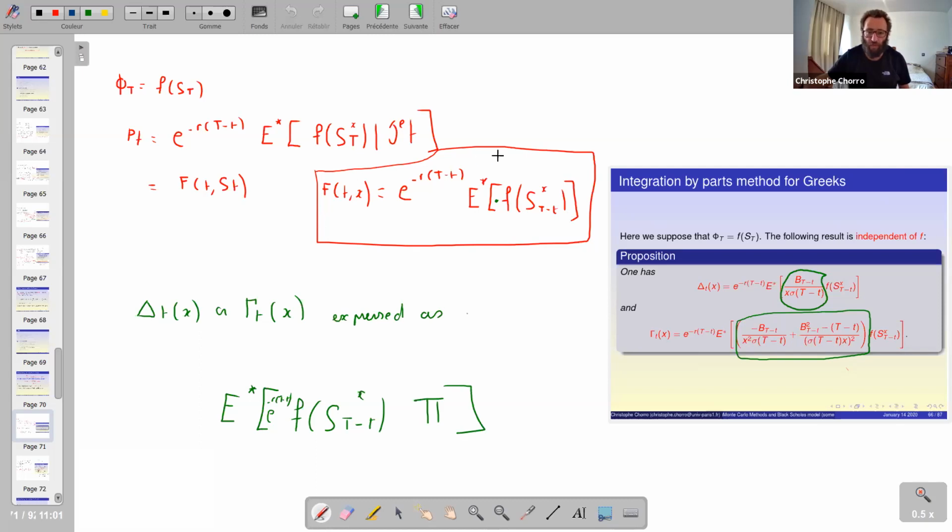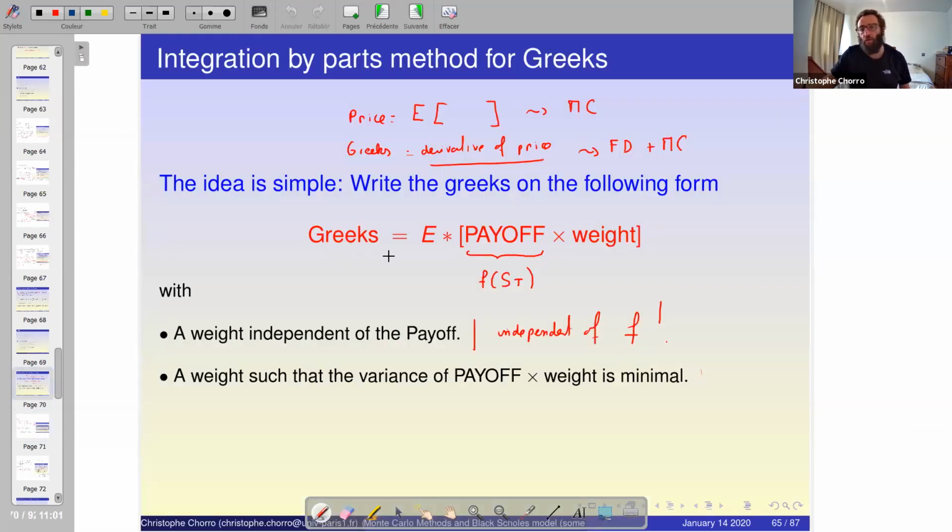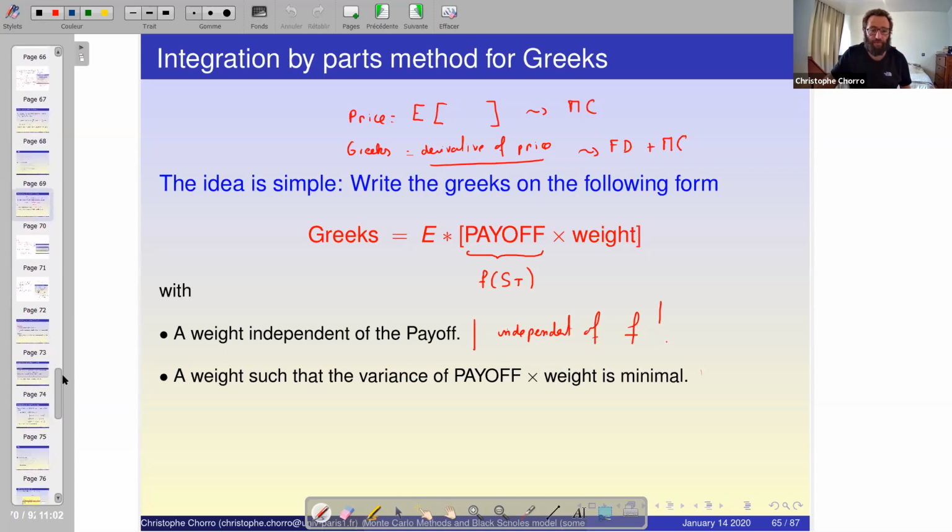It's of the same nature, the only thing changing is that here I add a random variable, this one in the case of a delta and this one in the case of a gamma. Okay, so I express, in fact, in this situation, my Greek no more as the derivative of an expectation, but as the expectation of my payoff multiplied by another random variable that I know explicitly in the case of the Black-Scholes model.